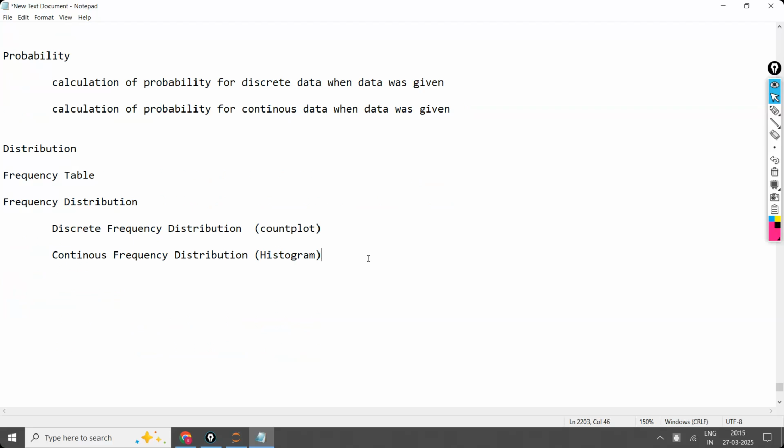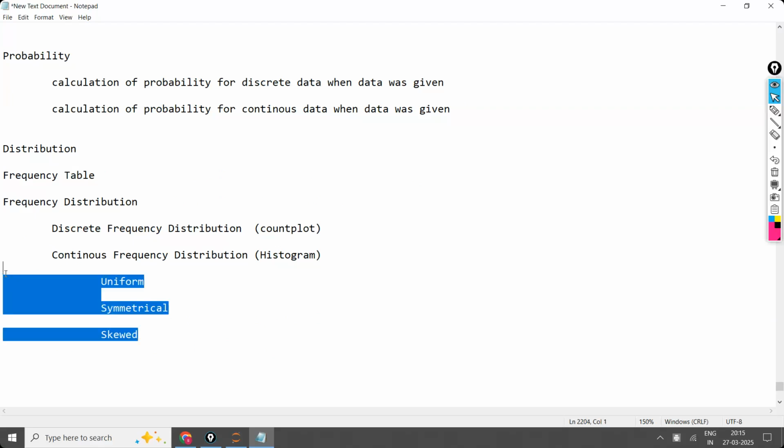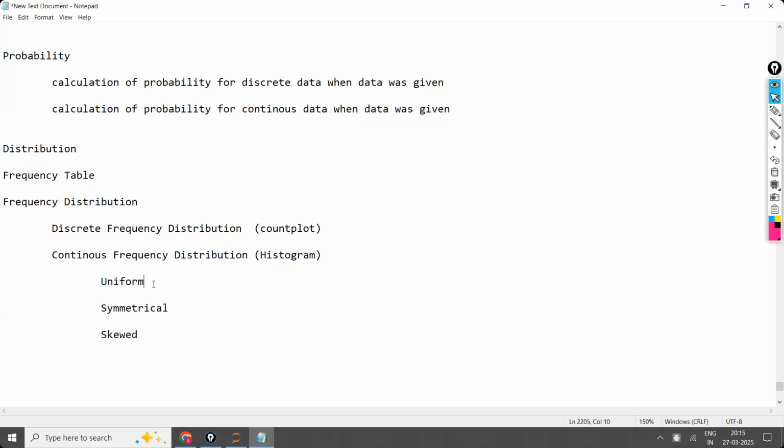After explaining the frequency distributions, I told you the different types of continuous frequency distribution. One is uniform. The next is symmetrical, which is non-uniform. And next I told you the skewed. There are a total of 3 types of distributions within the continuous. Are these 3 applicable to the discrete variable?